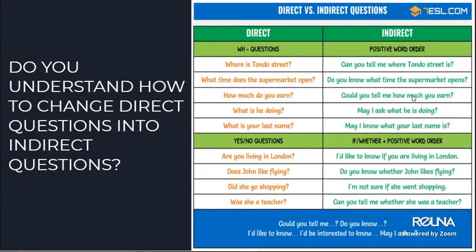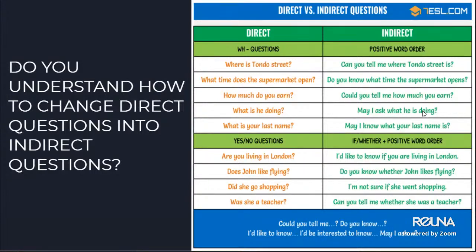Same here. Could you tell me how much you earned? You see, this is pretty much like the simple present conjugation. May I ask what he is doing? You see, not what is he doing. May I ask what he is doing?